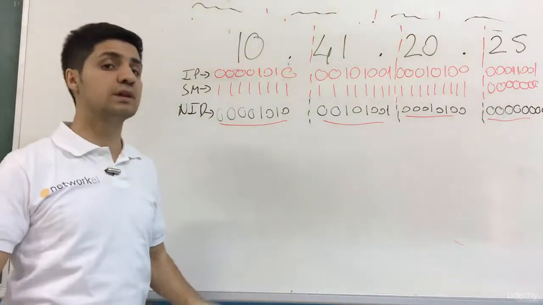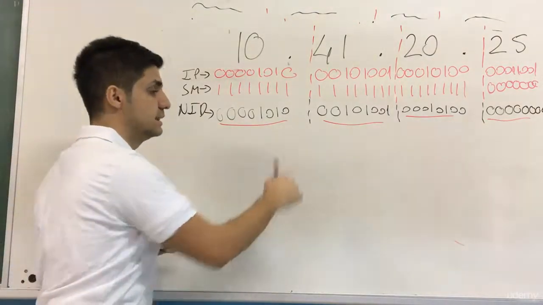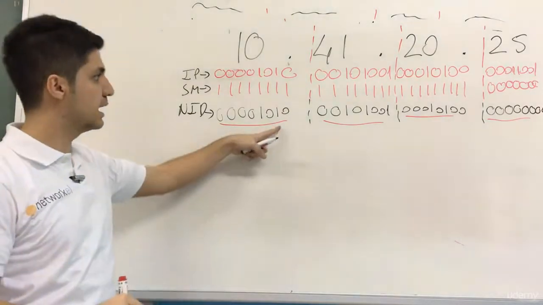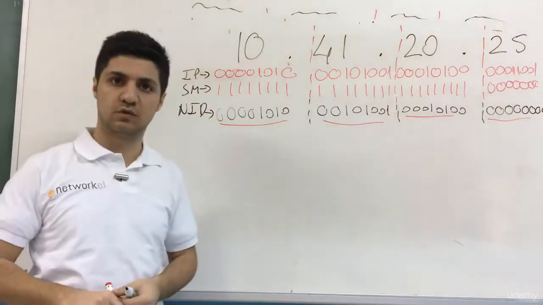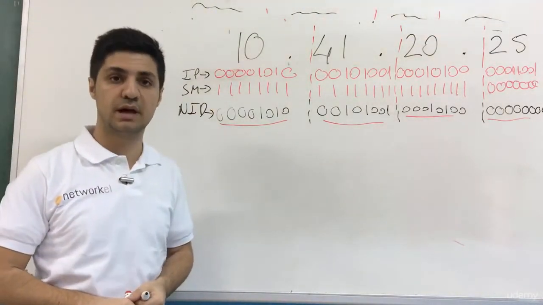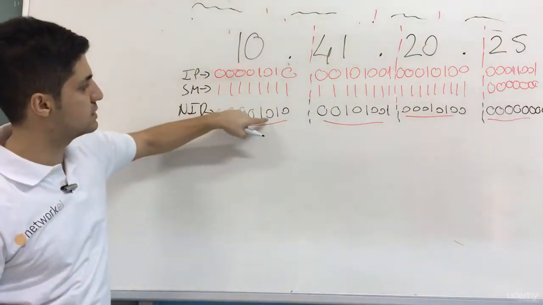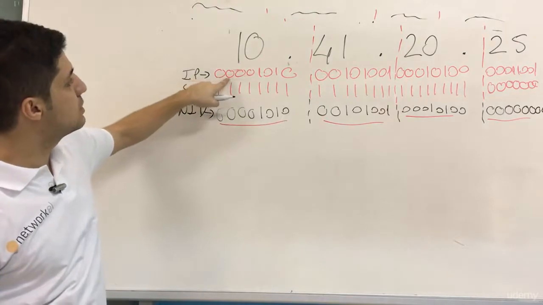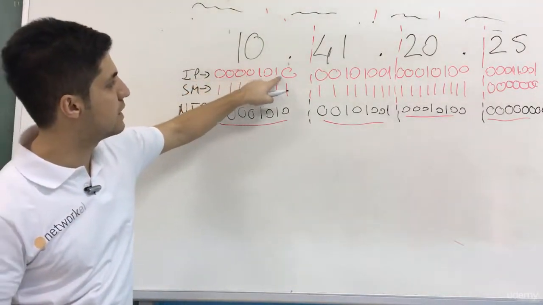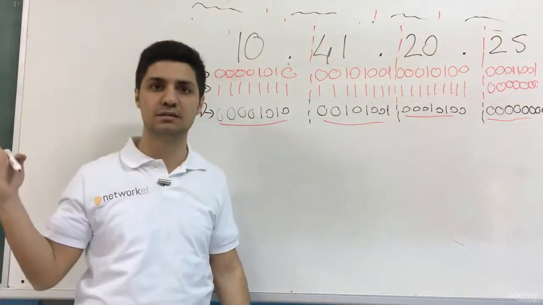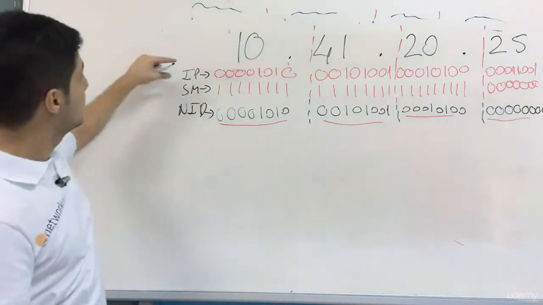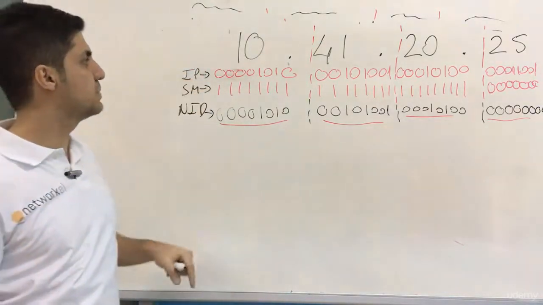Guys, you can write the powers of 2 and calculate the decimal format of this one again. But please keep in mind, please check: 0, 0, 0, 0, 1, 0, 1, 0 and 0, 0, 0, 0, 1, 0, 1, 0. Oh my god, they are the same values. Okay? As you can see, please pay attention.